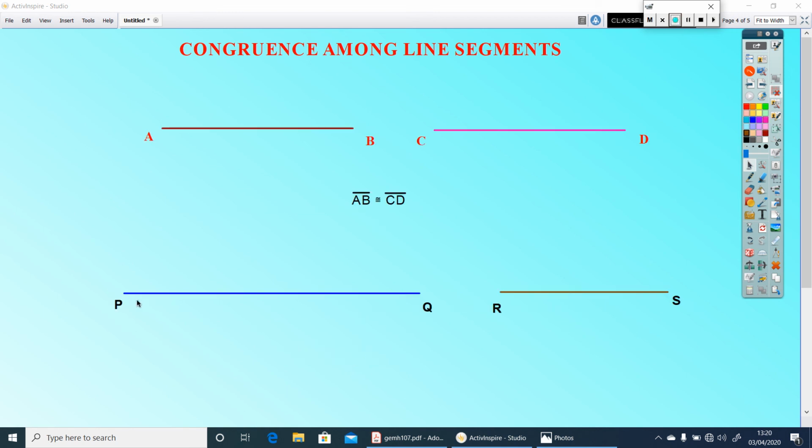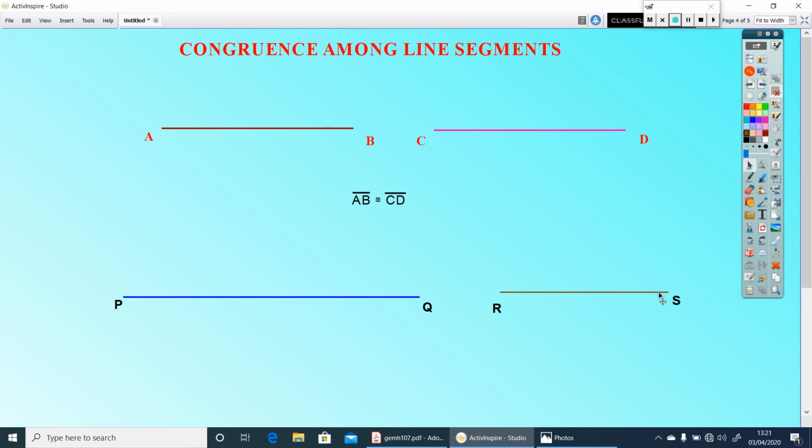Consider another two line segments PQ and RS. Are they congruent? Let us check it. If we superpose one on the other, it will not coincide exactly. So these two are not congruent. So for a line segment, AB and CD are congruent because they have the same length.